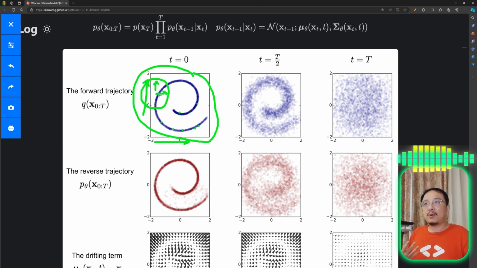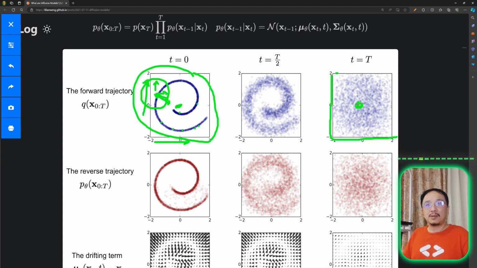Also, because of the scale, the mean of every point is going to be closer and closer to the origin, because we multiply by a weight less than 1. So that was the forward process. And we'll get something very close to a truly random Gaussian distribution at this point. You can see that it is more dense at the center and more sparse when the radius is bigger. So this one is the 2-dimensional Gaussian random distribution.